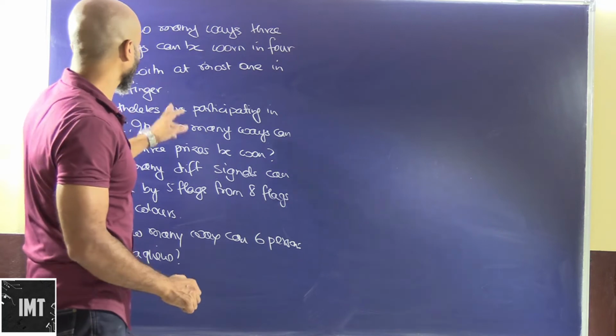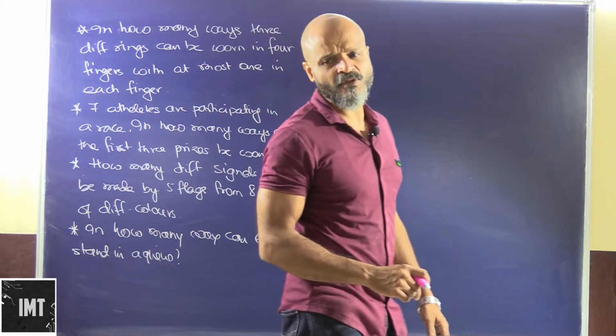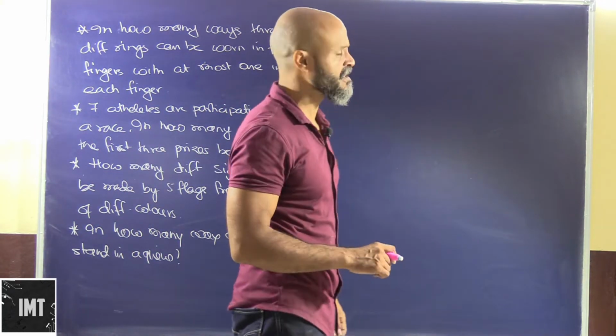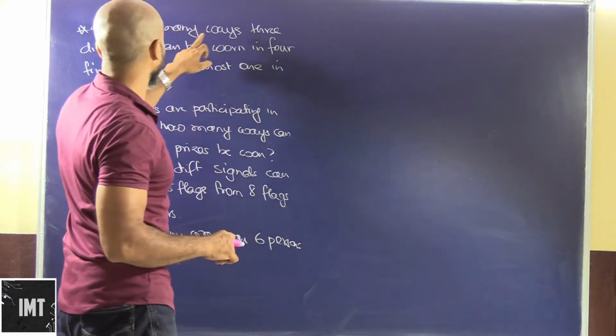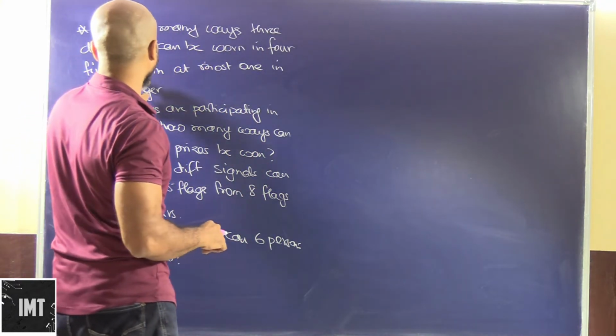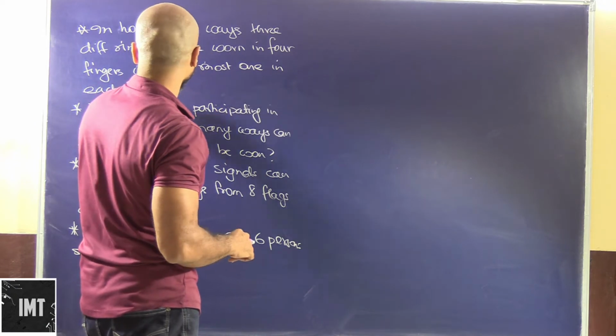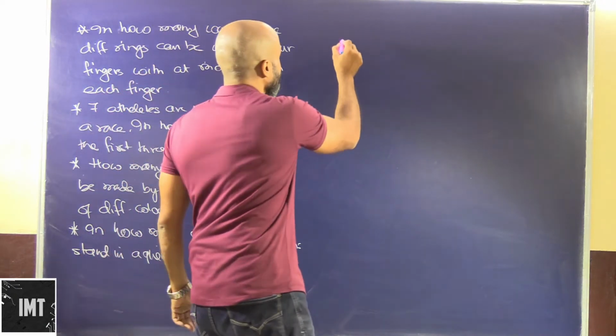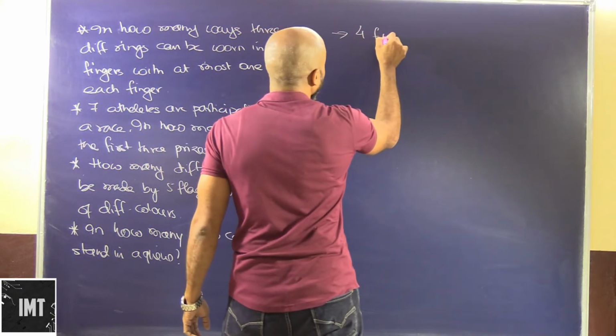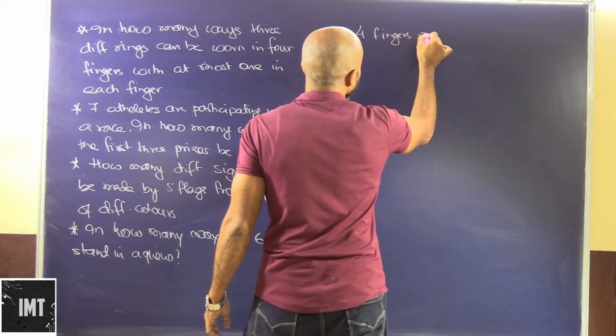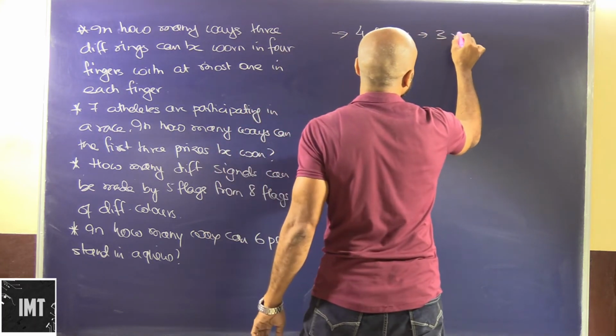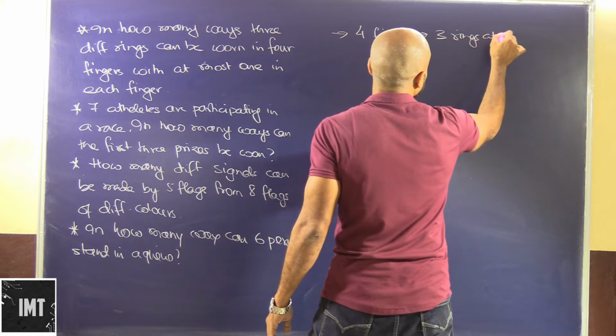We have these simple problems to have a clear understanding of how permutation works. In how many ways can 3 different rings be worn in 4 fingers with at the most 1 ring in each finger? There are 4 fingers in which we need to arrange 3 rings at a time.